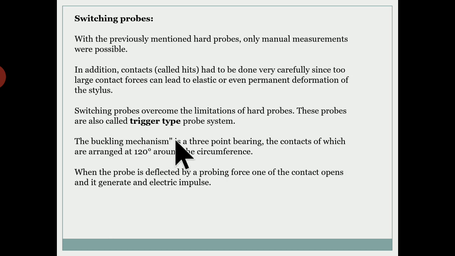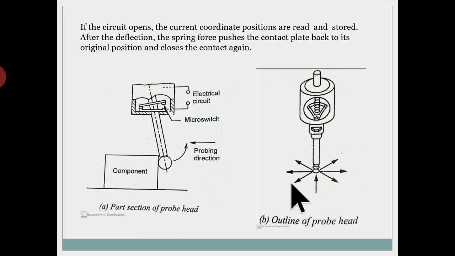The buckling mechanism is a 3-point bearing, the contacts of which are arranged at 120 degrees around the circumference. When the probe is deflected by a probing force, one of the contacts opens and it generates an electric impulse. This is the switching and trigger type probe.